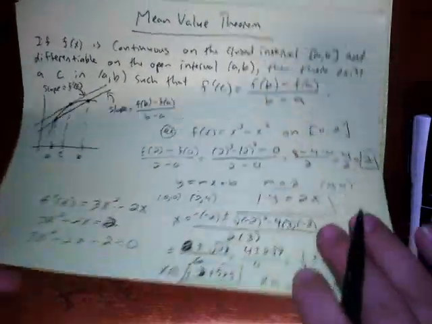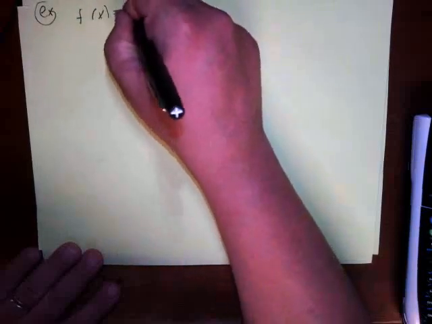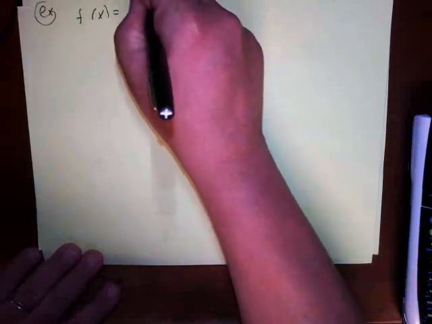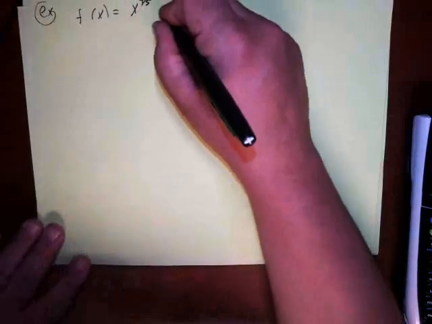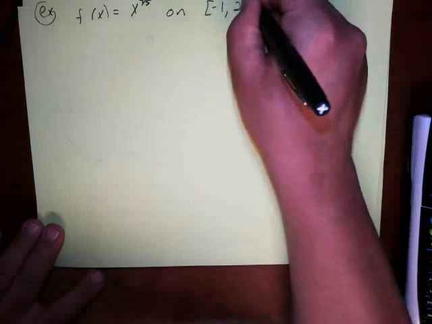Okay, what I want to do here is let me do one more of these. I have another one here where I want to find the point on this interval, -1 to 2.